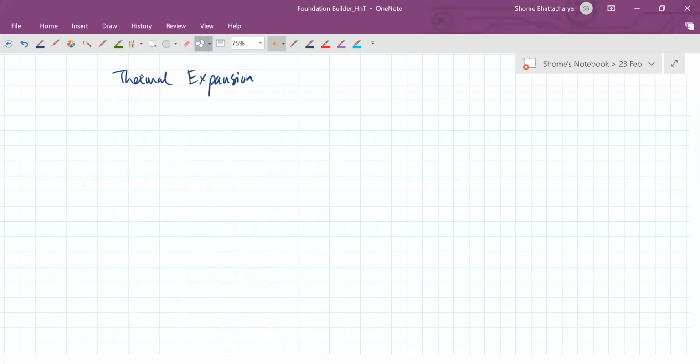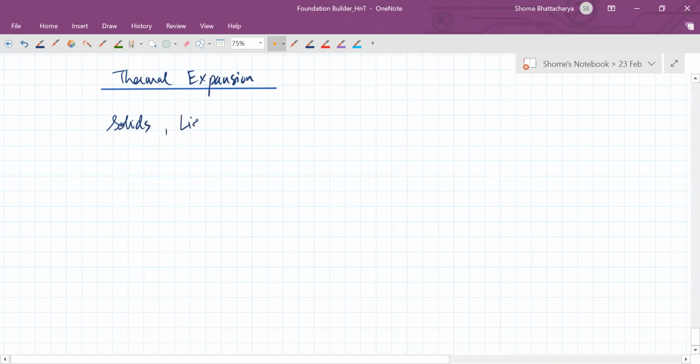So all materials, regardless of their state of matter, solids, liquids, and gases, tend to expand.